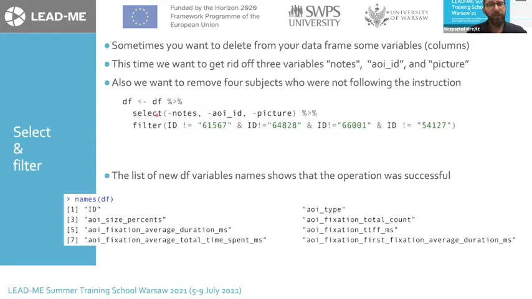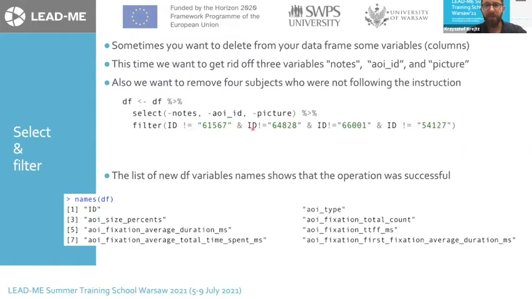So I say filter ID not equal to, she provided me with the codes, IDs of these subjects. Not equal to this one. Not equal is the exclamation mark and equal, followed immediately.